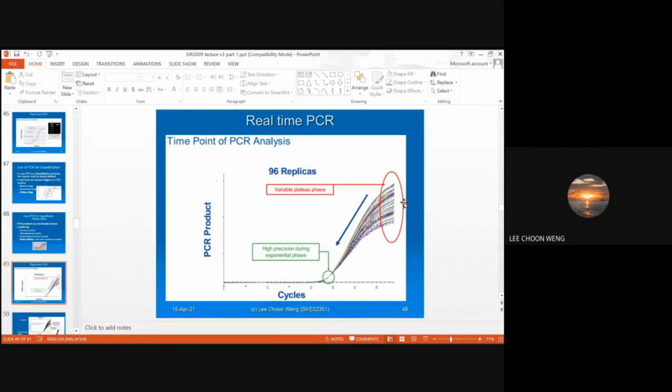What you see at the end of your PCR is too variable to reflect the initial starting template. But they noticed that you can get high precision during the exponential phase.